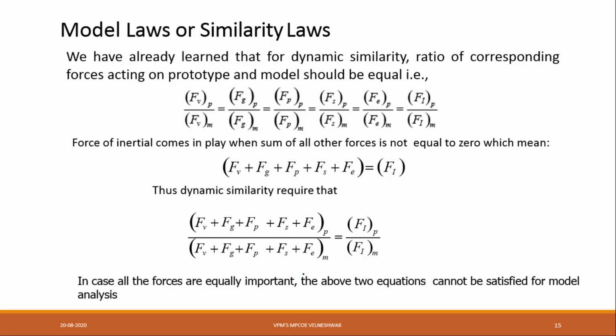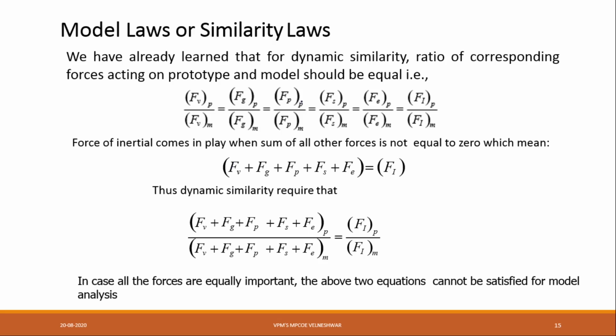Now Model's law or similarity law. We have already learned that for dynamic similarity, the ratio of corresponding forces acting on prototype and model should be equal. Whether it is viscous force, gravitational force, pressure force, whatever it is, everything should be equal for both prototype and model.